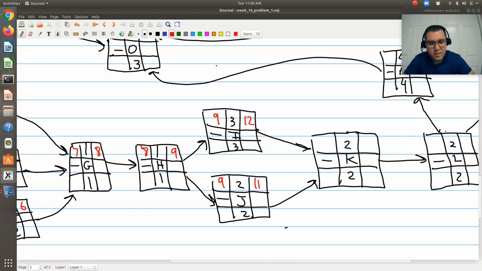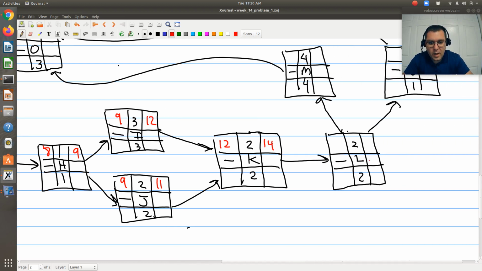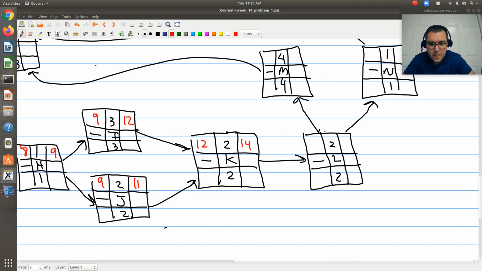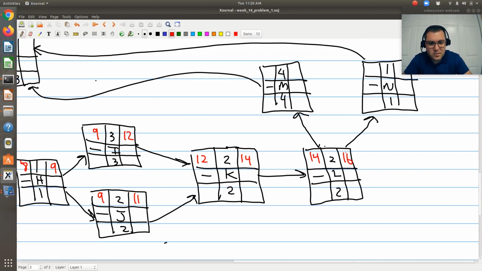I'm looking at the maximum of the earliest possible finishing times for I and J. And so its earliest possible starting time will be 12, duration of 2, earliest possible finishing time is 14. L only has a precedence of K, so its earliest possible starting time is 14, duration of 2, earliest possible finishing time 16.